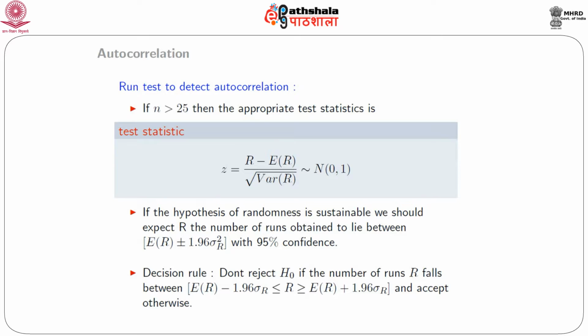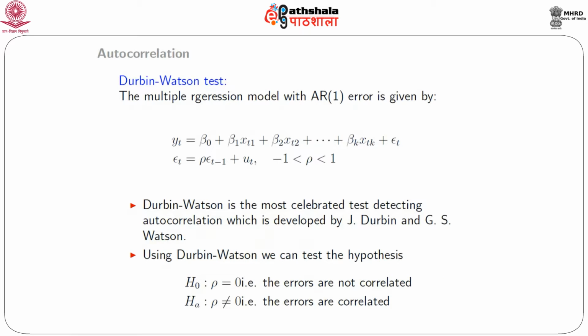The next test that we use to detect autocorrelation is the Durbin-Watson test. Now, let us look at the multiple regression model with autoregressive error of order 1, and it is given by yt equals beta naught plus beta 1 xt1 plus beta 2 xt2 plus ... plus beta k xtk plus epsilon t, where yt is the response and xt1, xt2, ..., xtk are the predictor variables.